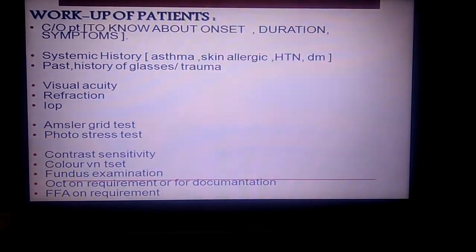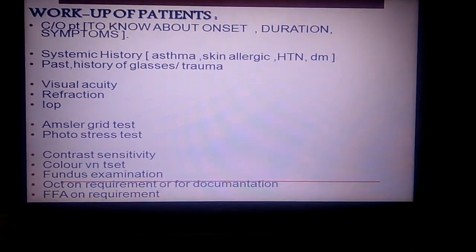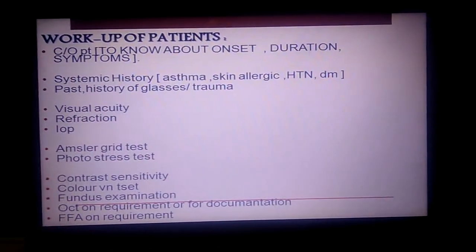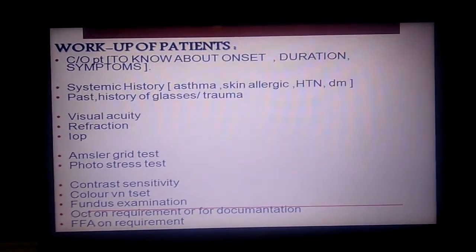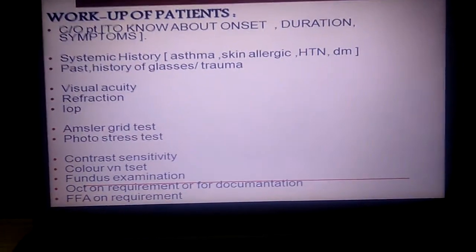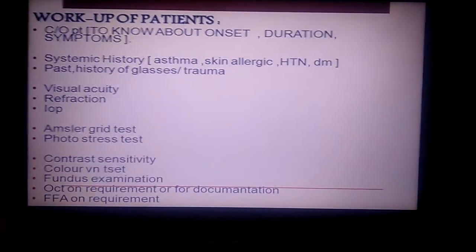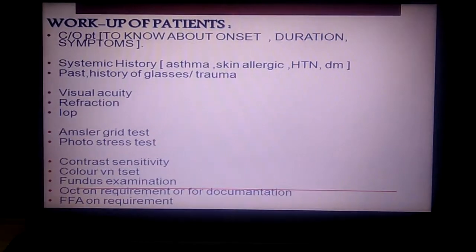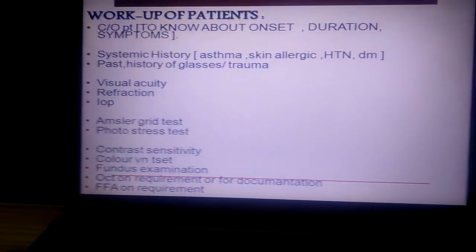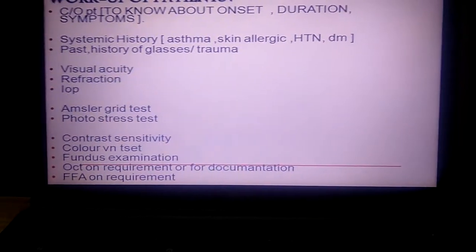According to the workup, the first thing is the complaint of the patient, to know about the onset, duration, symptoms, and systemic history: any history of asthma, skin allergy, hypertension, diabetes, or glasses. Then note the visual acuity, unaided visual acuity, refraction, best corrected visual acuity, IOP, Amsler grid test, photo stress test, contrast sensitivity, color vision, and fundus examination. In a hospital, if you have OCT, you can do the OCT test and FFA.